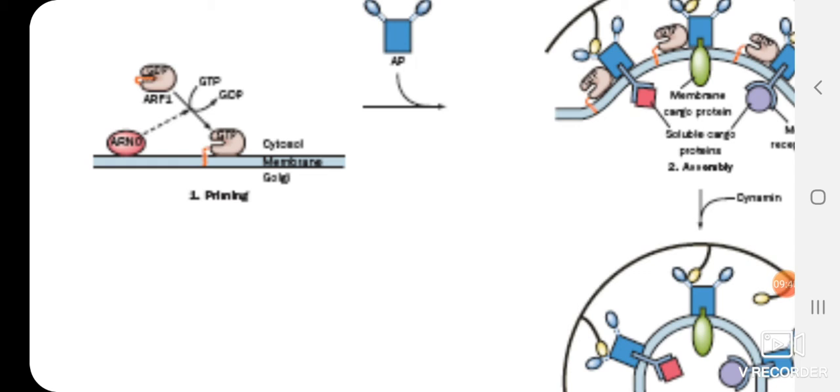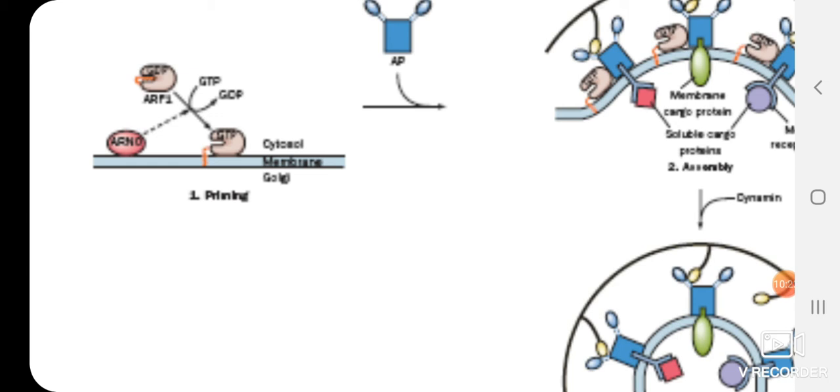So now here ARF, which is initially an inactive protein molecule having GDP in its nucleotide binding pocket, will get activated by the exchange of GDP with GTP, which in turn is achieved by the help of a protein called ARNO, and this ARNO is going to be a GEF, that is guanine nucleotide exchange factor or protein, and this causes the activation of ARF, and this ARF activation leads to binding of ARF to the membrane.